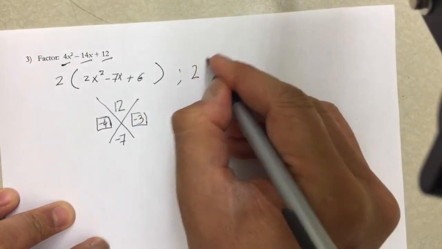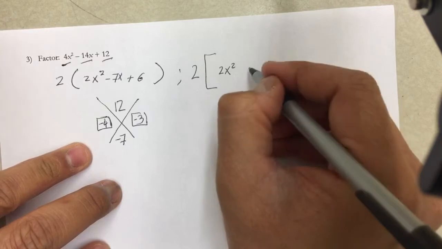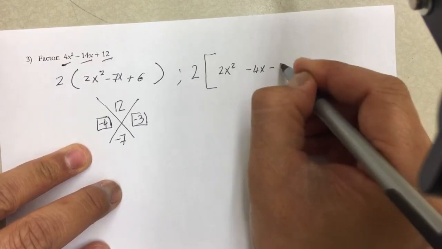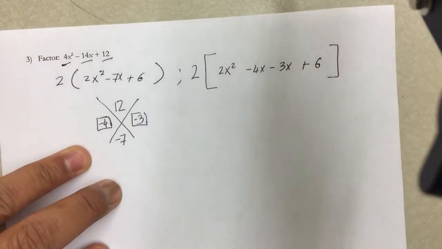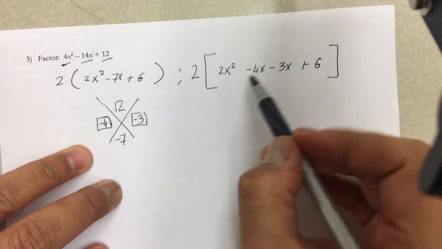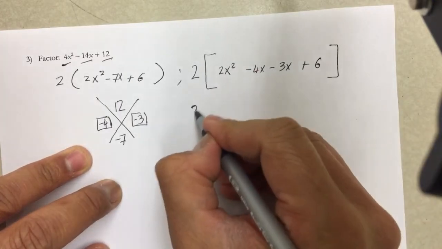So I go over here, and then what I do is I replace the middle term. That's one of the reasons why the strategy says factor by grouping, because after you do the Xbox, you're going to be factoring by grouping.